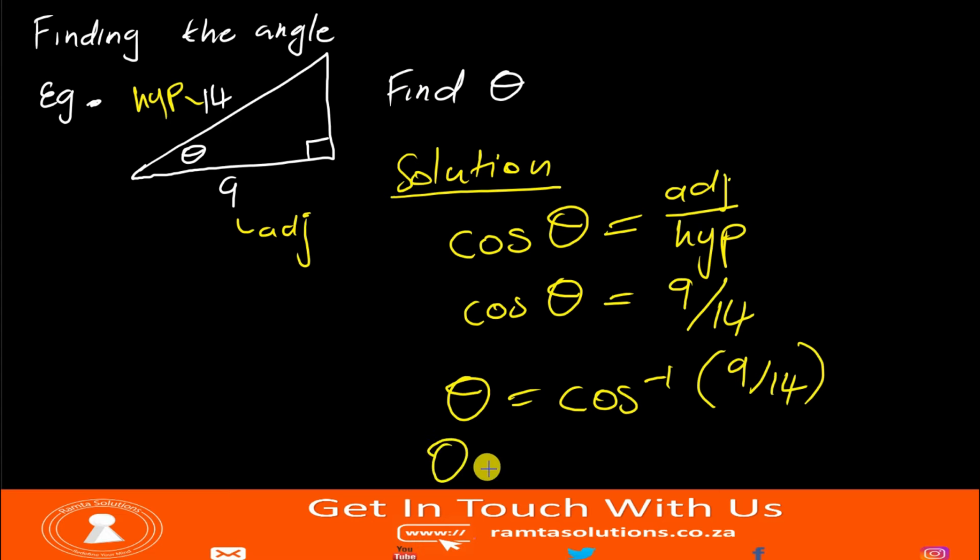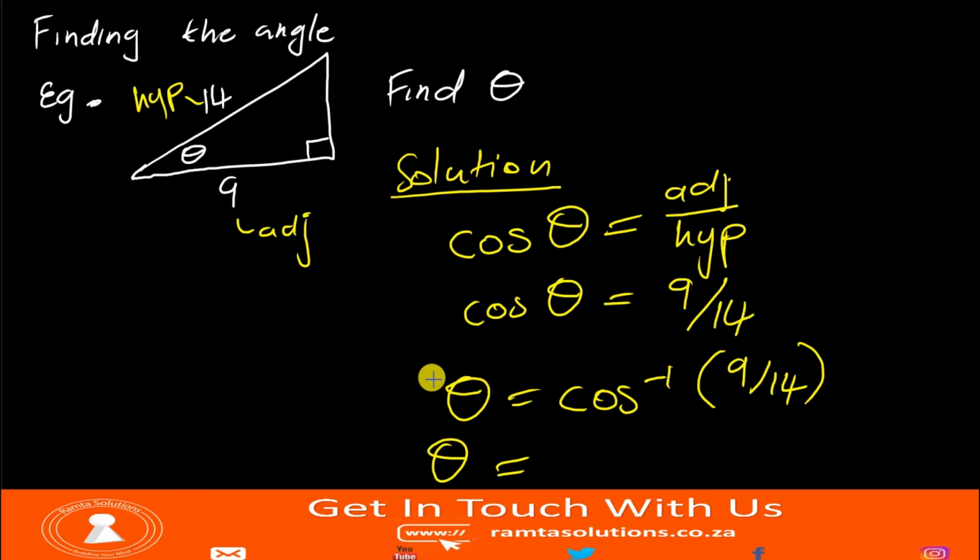On your calculator, if you are using Casio, you press shift and cosine. If you are using Sharp, you press second function and cosine. Let's see what our angle is, correct to 2 decimal places.